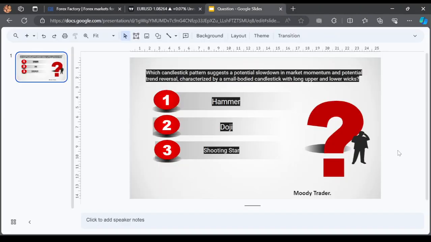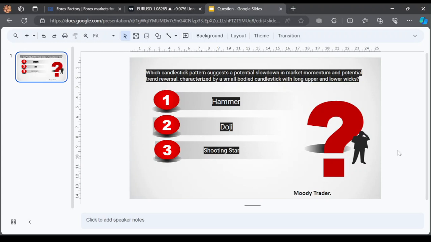Thank you for answering the questions. You were really detailed, and let's do it again. So the question for today is, which candlestick pattern suggests a potential slowdown in the market momentum and potential trend reversal, characterized by a small-bodied candlestick with long upper and lower wicks?